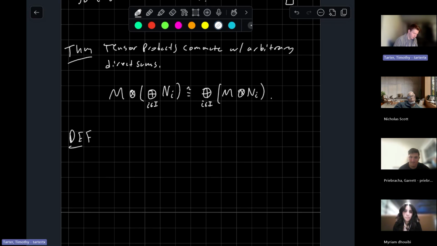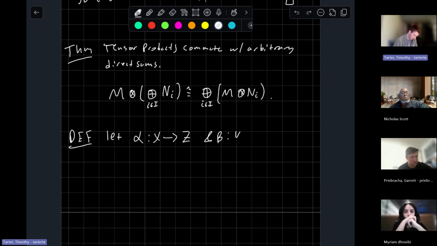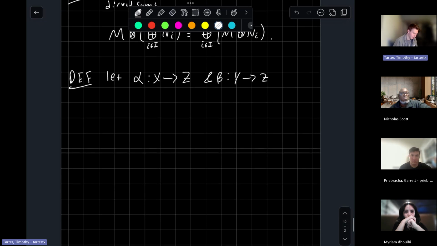So, definition, fibered products. Let alpha from X to Z and beta from Y to Z in any category be morphisms.